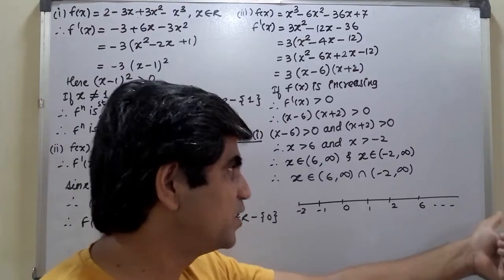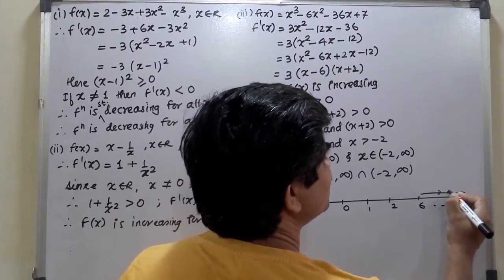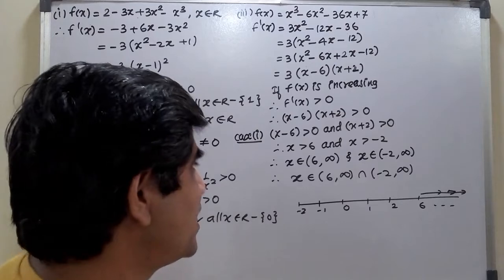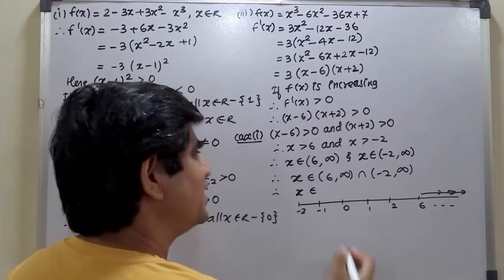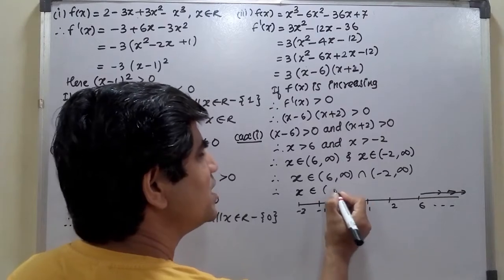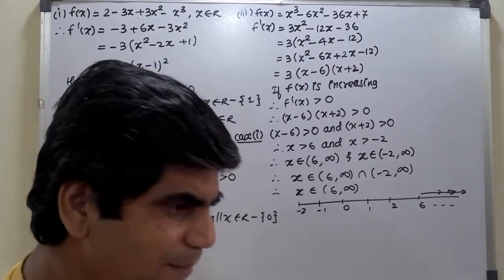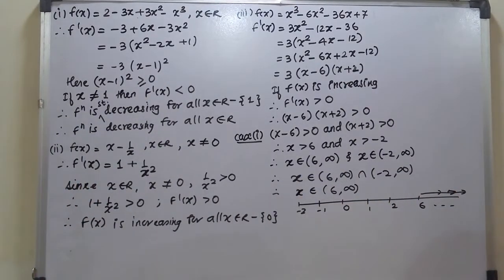From here to infinity. So which portion is common for both? This portion. Right? This particular portion is common. That means your case 1 yields the result that x belongs to 6 to infinity. Okay? The condition of AND is very important over here. The AND condition tells you a number of things.